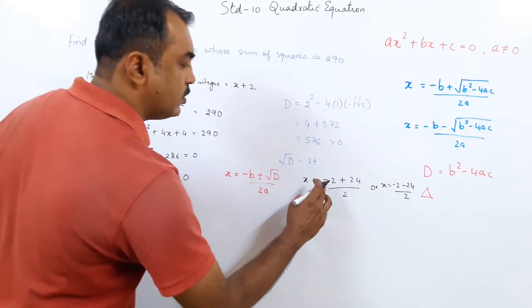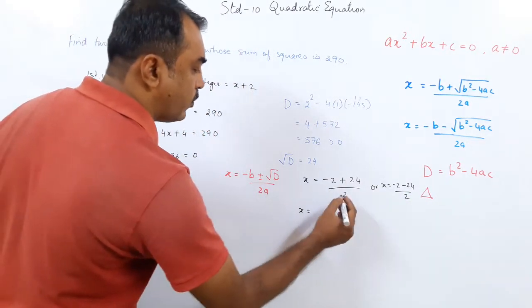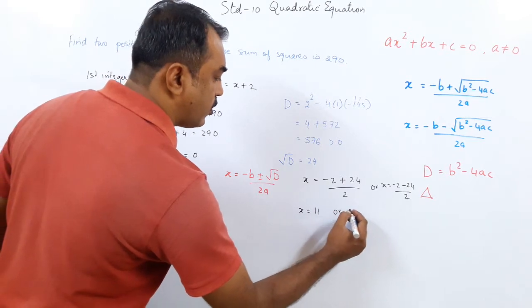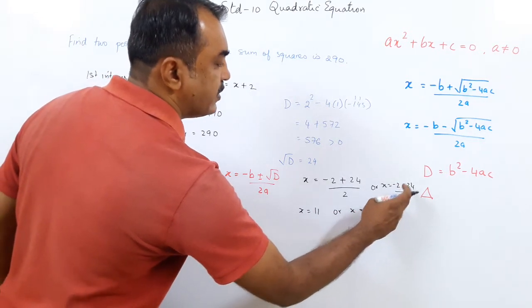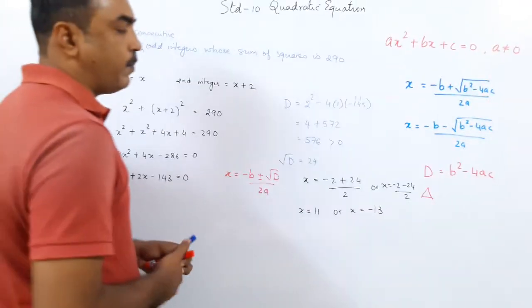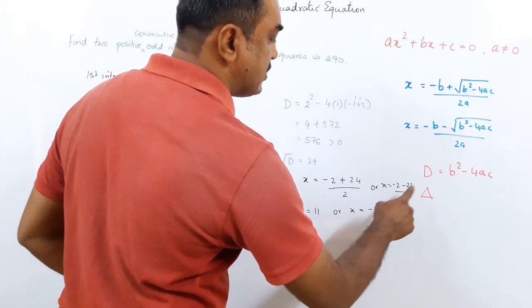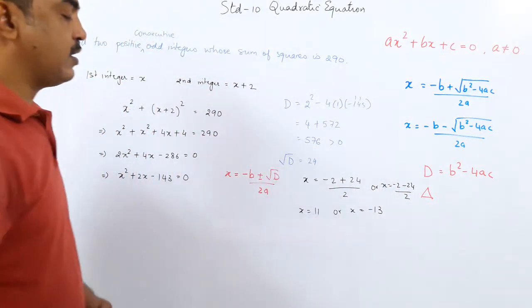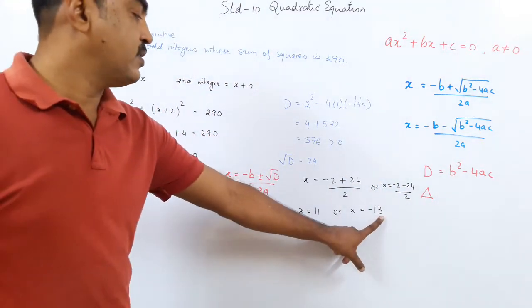So x equal to 24 minus 2, 22 upon 2, 11, or x equal to minus 26 upon 2, minus 13. Are you following? Minus 2 minus 24 is minus 26, minus 26 upon 2 is minus 13. So x equal to 11 or x equal to minus 13.